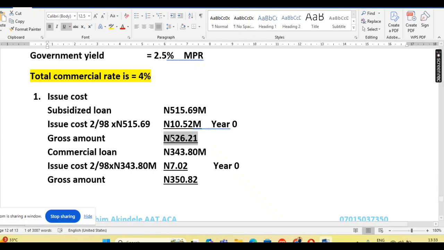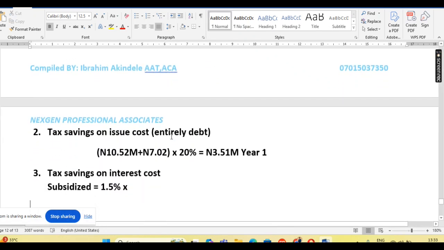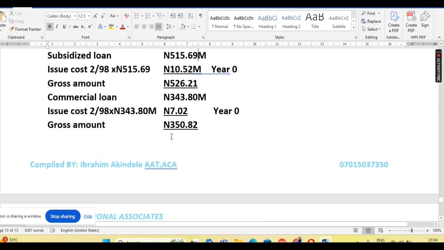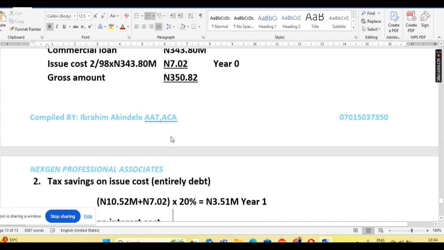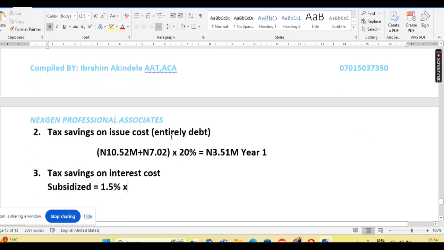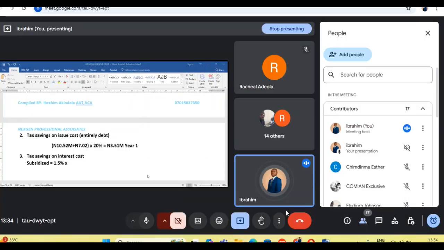526.221. Class, it seems that most of you did not go back to the previous lecture. If you check what we did, the subsidized loan has no issue cost. I get what Rachel is trying to explain, based on that figure.